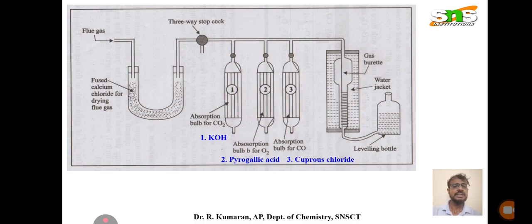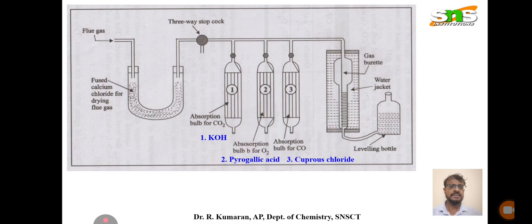Initially, it should be tested before it is subjected to carbon dioxide absorption. It has some value in the gas burette. After it is absorbed, there will be a change in that value that we can see in the marked burette. The meniscus changes.